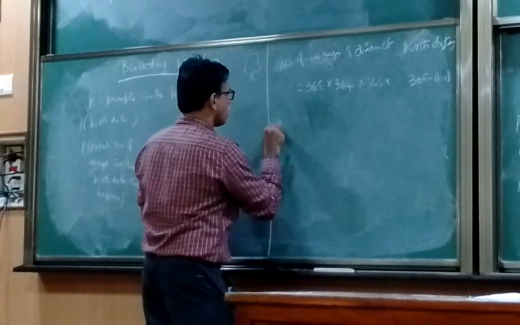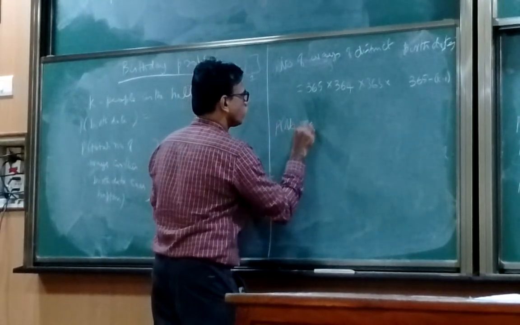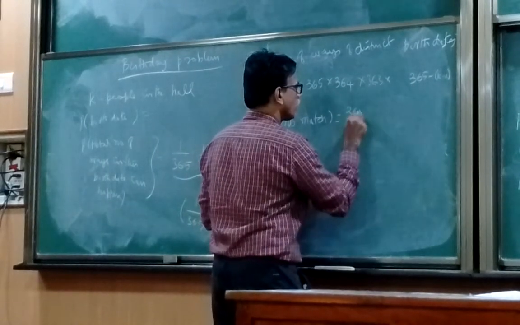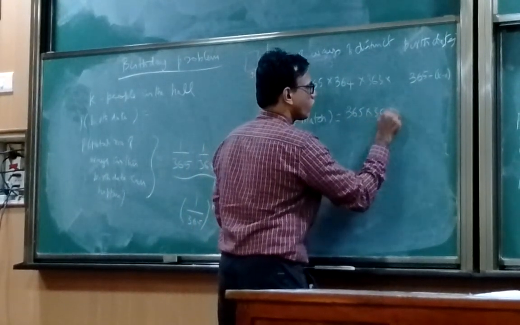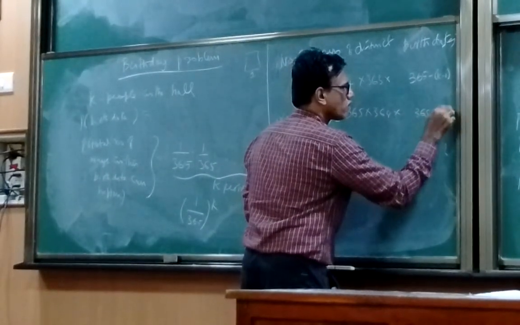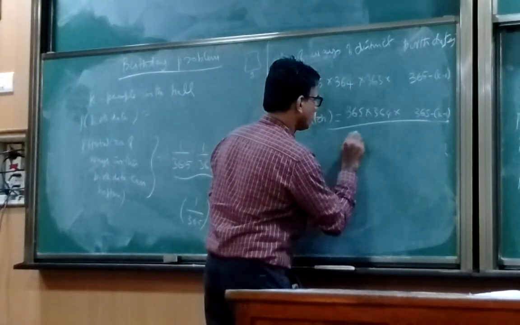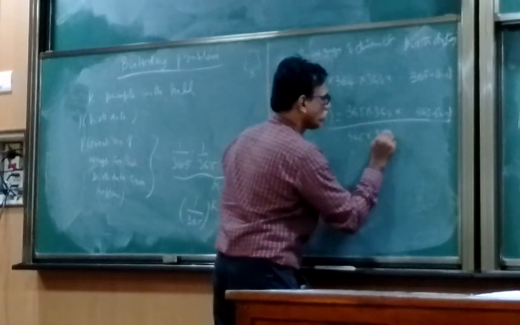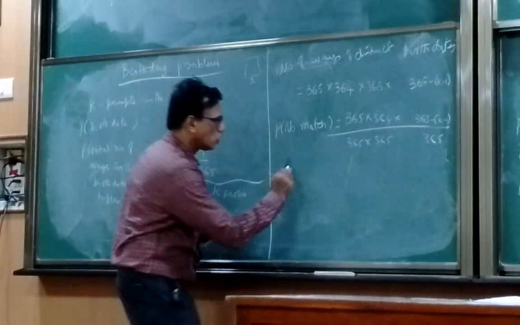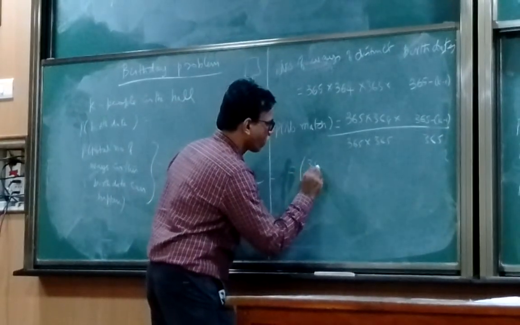So the probability of no match is this. How to do this? We will write it like this.